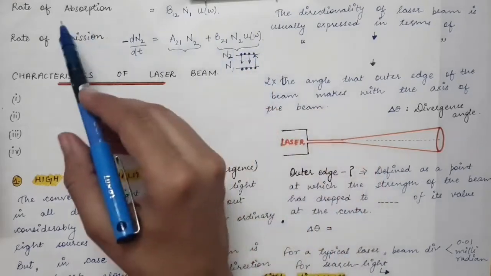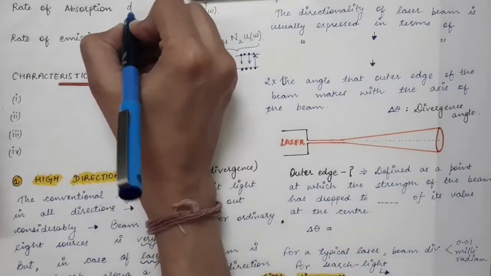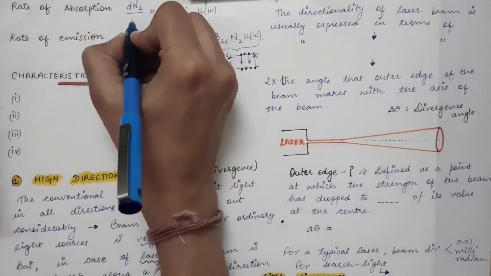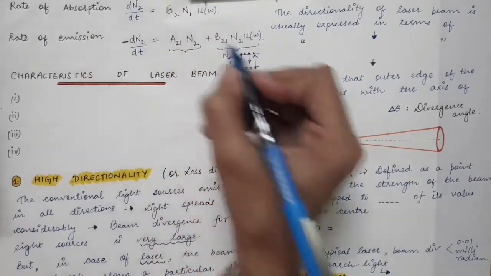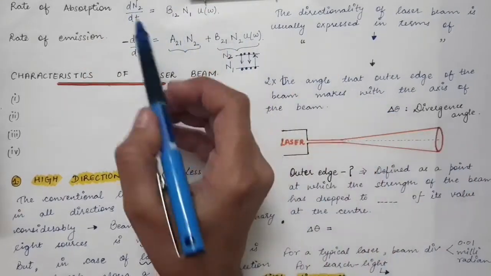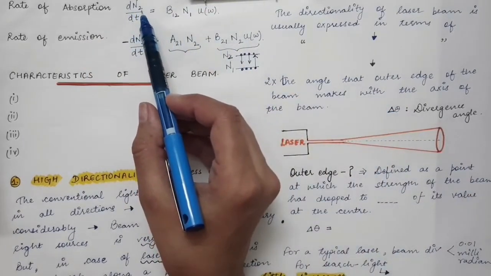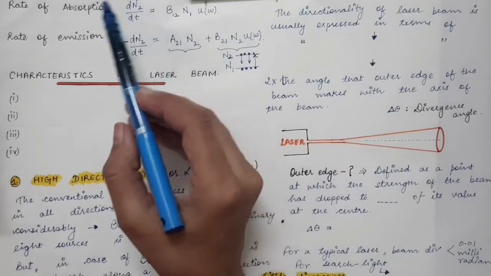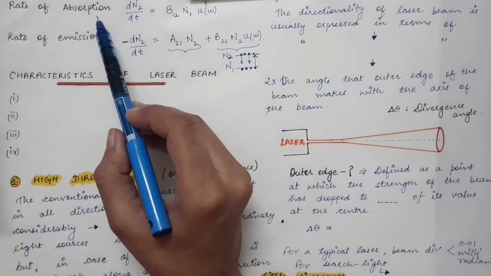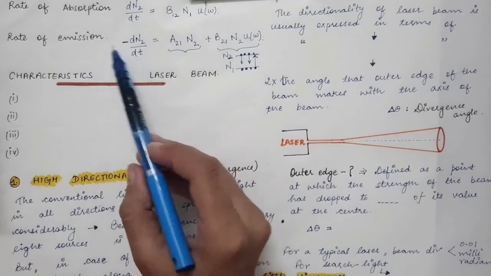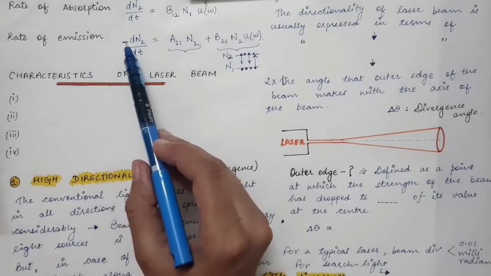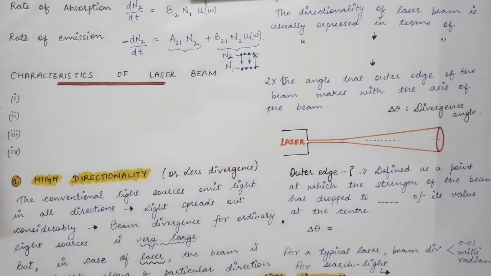So we write the rate of absorption as dN2 by dt, and here we have a positive sign because the number of atoms in the excited level increases in absorption, whereas they decrease in the emission process. Therefore we had a negative sign there. So this is how we write the rate of absorption and rate of emission.